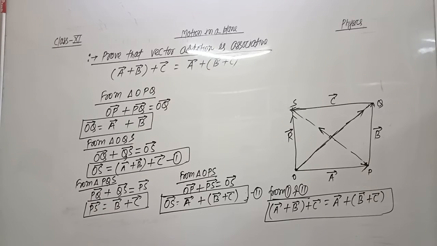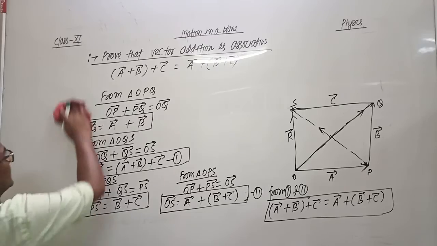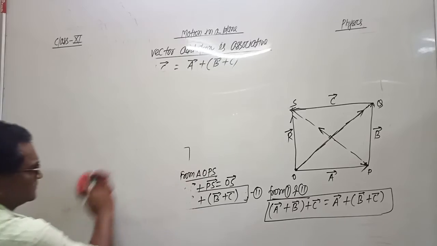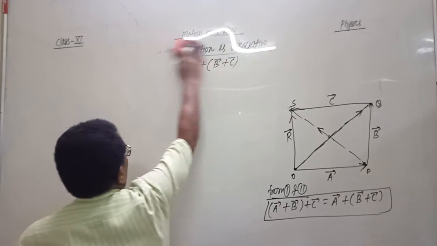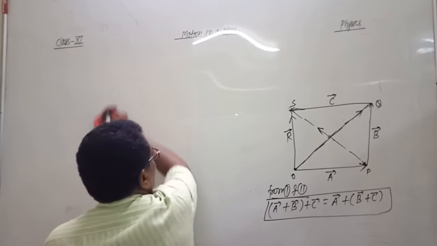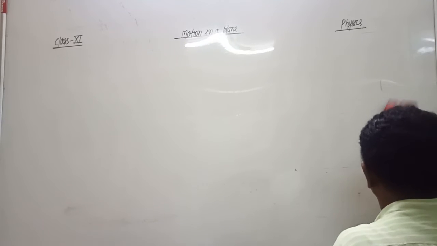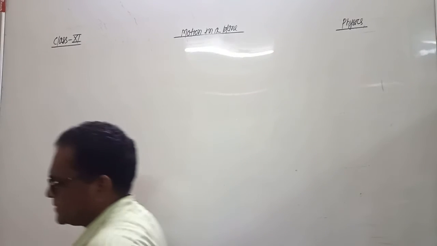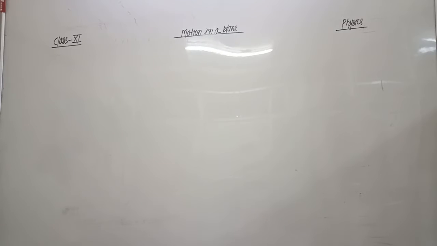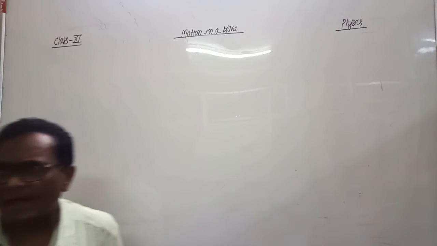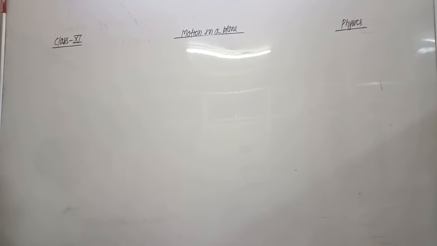Now we talk about the rain and man problem. Before discussing the rain and man problem, we revise the concept of relative velocity.